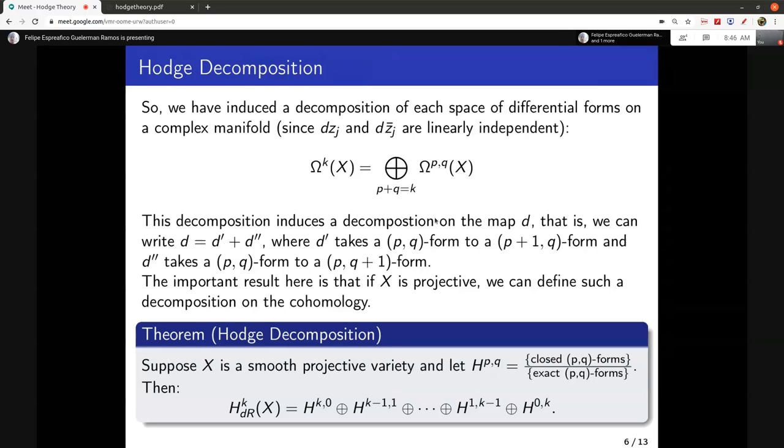And also this decomposition will induce a decomposition of the map d as d' and d'', where d' takes a (p,q) form to a (p+1,q) form, and d'' takes a (p,q) form to a (p,q+1) form.